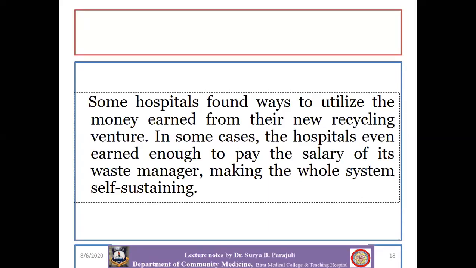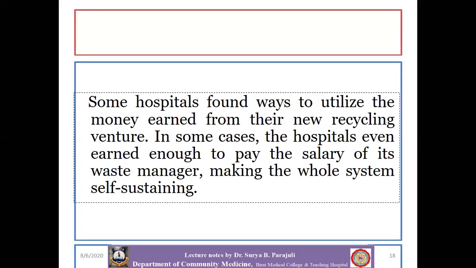So sometimes we can earn money from hospital waste, and that money can be used as salary for those persons who work for waste management or waste segregation, or any support for healthcare waste, and it will make healthcare waste management in our hospital setting more sustainable.